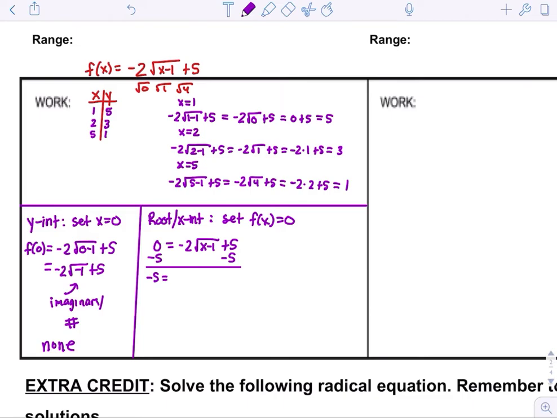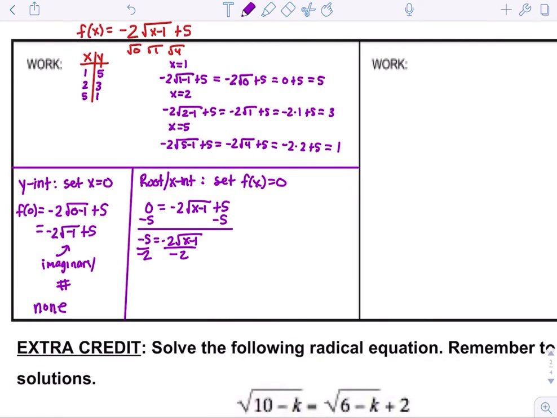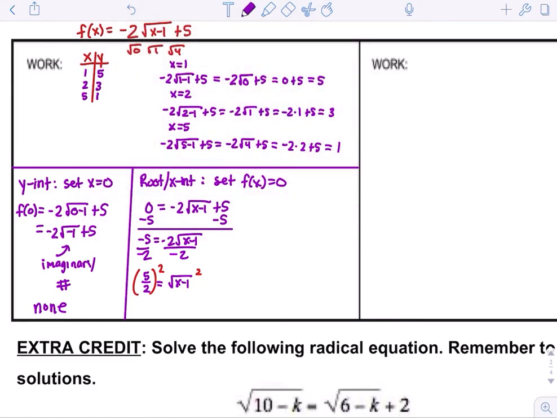Negative 5 is equal to negative 2 radical x minus 1. Divide both sides by negative 2. Negative divided by negative makes it a positive, so 5 halves equals square root of x minus 1. Raise both sides to the second power so that you get rid of that square root. So 5 squared is just 25 all over 2 squared, which is 4, equals x minus 1.